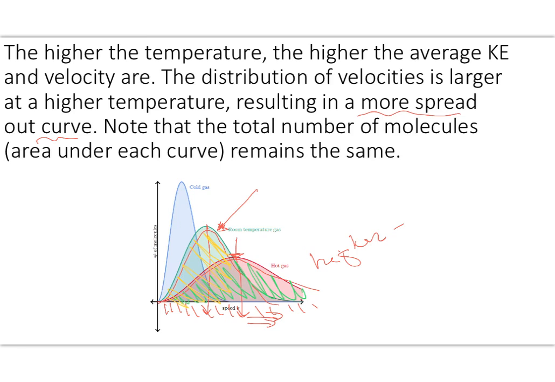So each of these curves represents the same number of molecules. They're just distributed a little bit differently. So the distribution at a lower temperature is sharper, but the total number of molecules hasn't changed, okay? That is it. It's just kind of a quick overview.